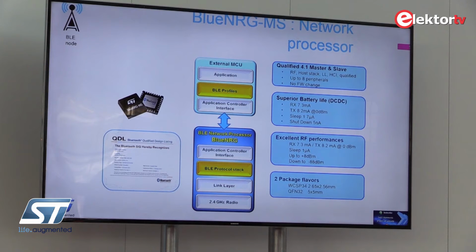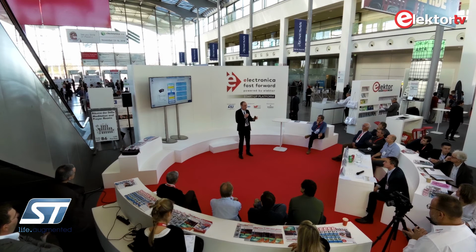We have mainly two kinds of products. Either you have a network processor, so you will still need an STM32 connected to this device. The protocol stack is fully provided, but you need a device aside in order to run it.